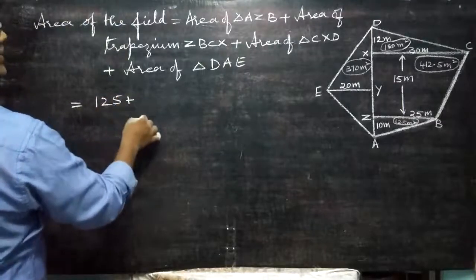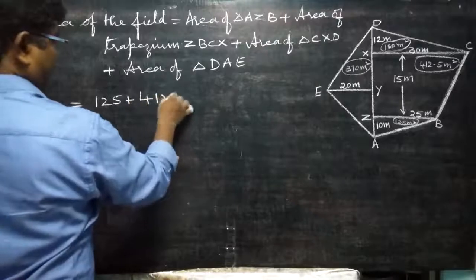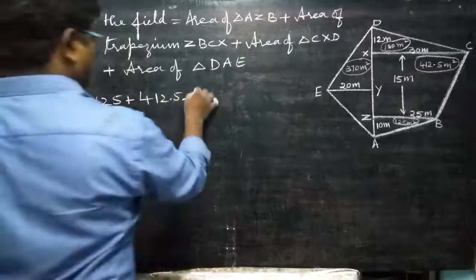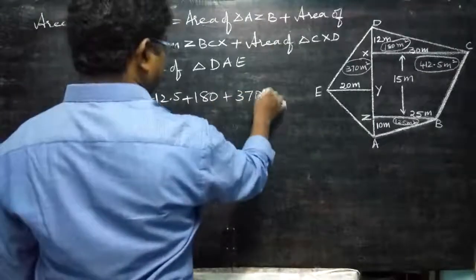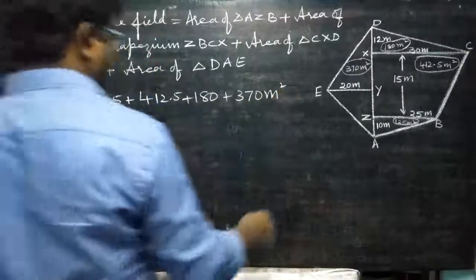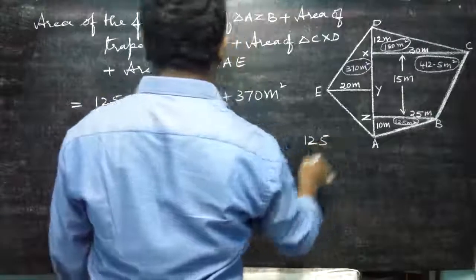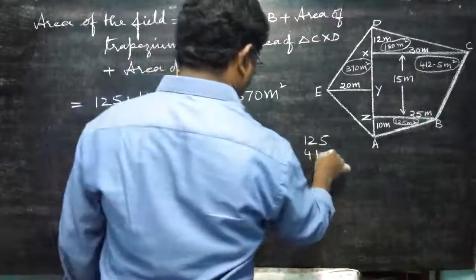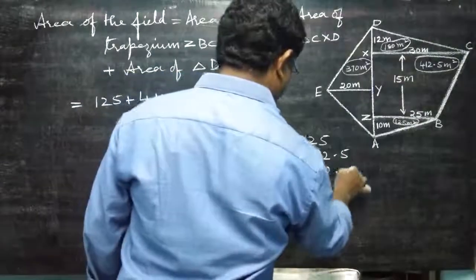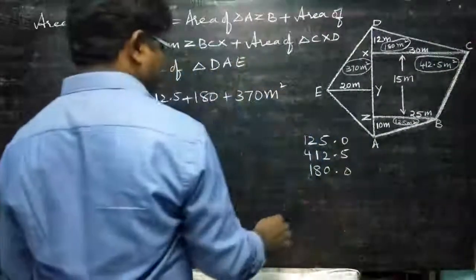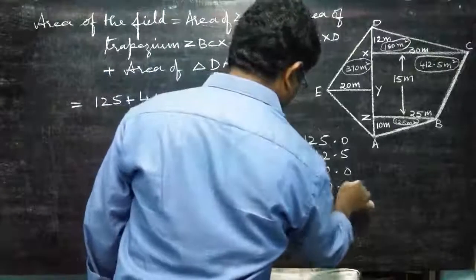Now add all the areas. 125 plus 412.5 plus 180 plus 370 meters square. Add 125, 412.5, 180.0. You keep 0 because decimal came now. 370.0.